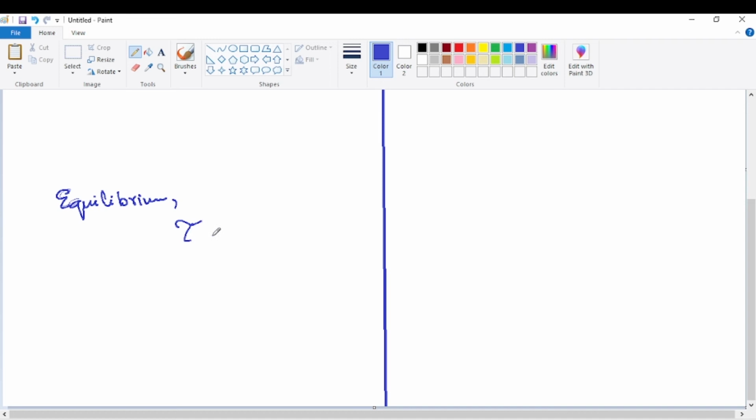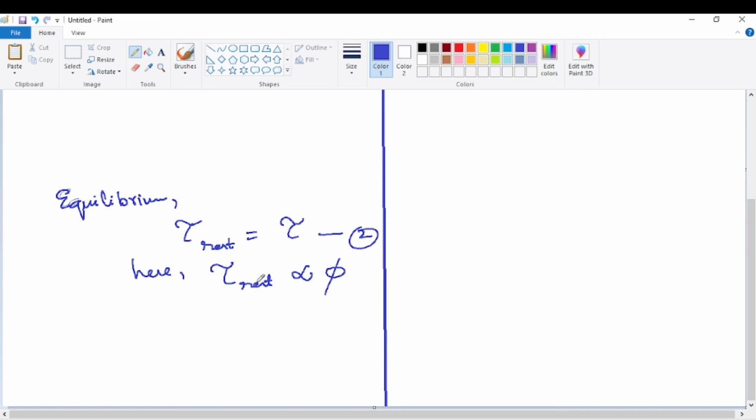So tau restoring is equal to tau deflecting. This is the second equation. But what is tau restoring? Here, from the elasticity property of the phosphor bronze wire and strip, it can be shown that the restoring torque is directly proportional to the deflection phi.